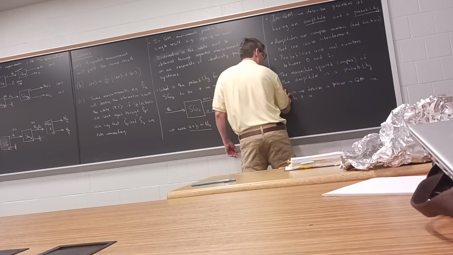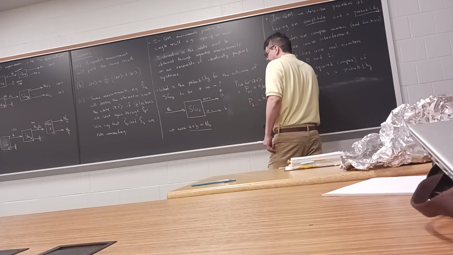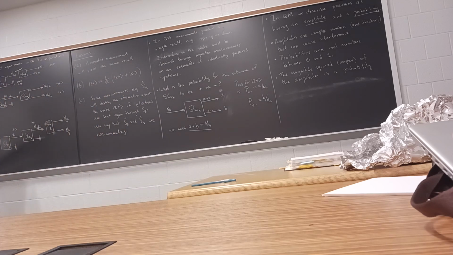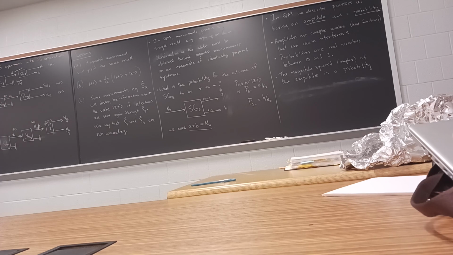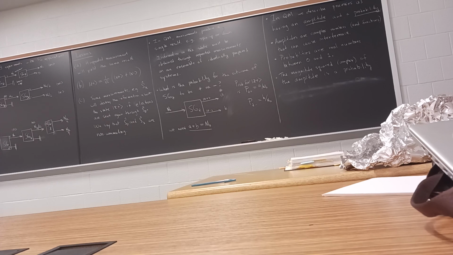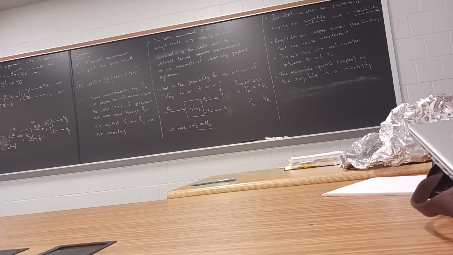Let's see. Before I do that, let me go ahead and go over here. Okay, let's go back to the first experiment, and let's look at this part of the experiment.